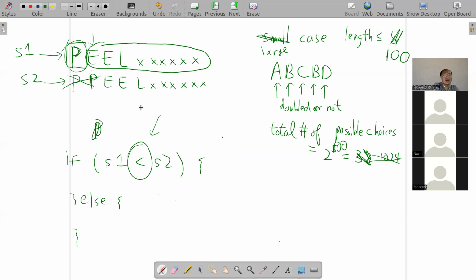This is an n-squared algorithm, the way I've described it, because I'm looping through, and every time I'm using string comparison, which is linear time. So altogether, it could be n squared, where the length of the string is n, but n is 100, so who cares if it's n cubed or even n to the 4th. N squared is definitely good enough.